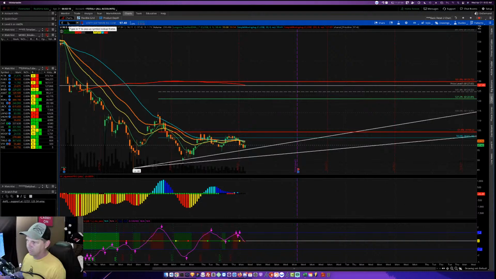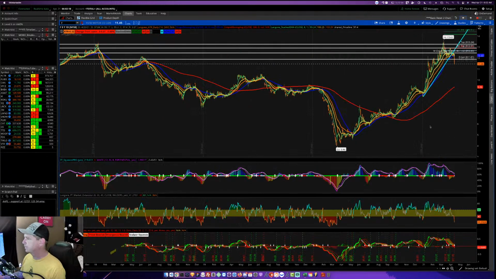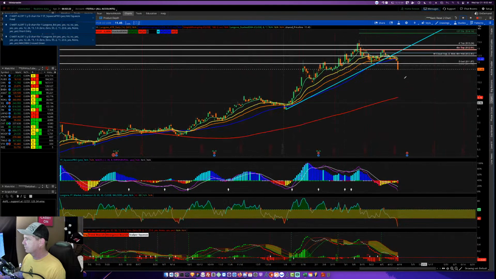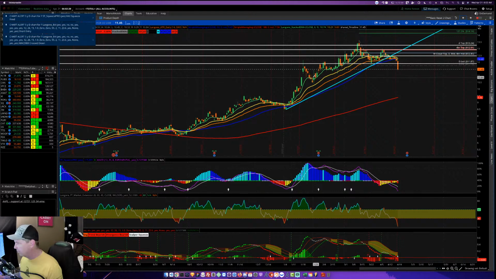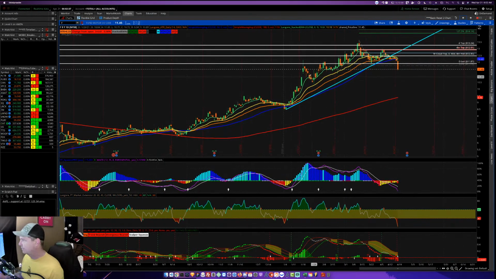Bring up Ford on the chart. All right, looks as if we sold off, looking for a previous support level at $11, which is where that gap occurred.